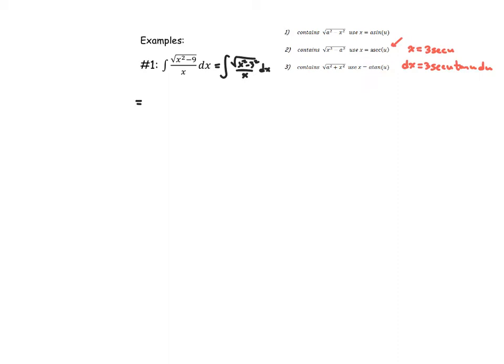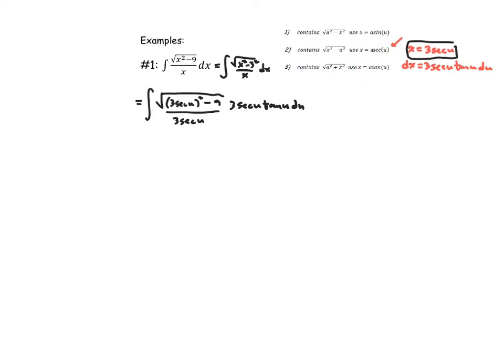So this will be the integral of the square root of x squared, that's better, so x is 3 secant u, squared minus 9 over x, which is 3 secant u, times dx, which ends up being 3 secant u tangent u du. Okay, before we do any simplifying there, I want to work my way back over here.